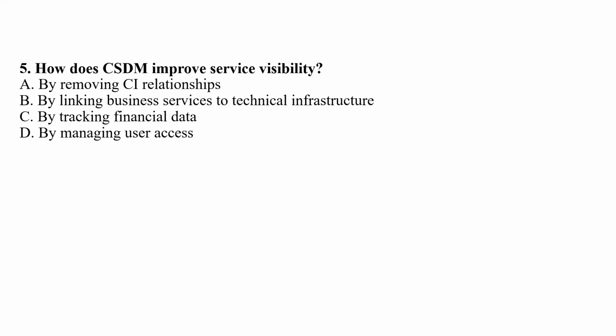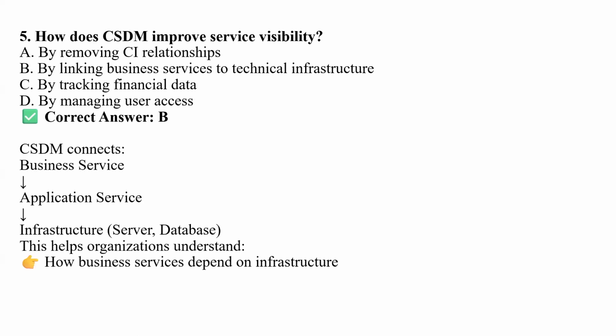Next question. How does CSDM improve service visibility? Option A, by removing CI relationships. Option B, by linking business services to technical infrastructure. Option C, by tracking financial data. Option D, by managing user access. The correct answer is option B, by linking business services to technical infrastructure.